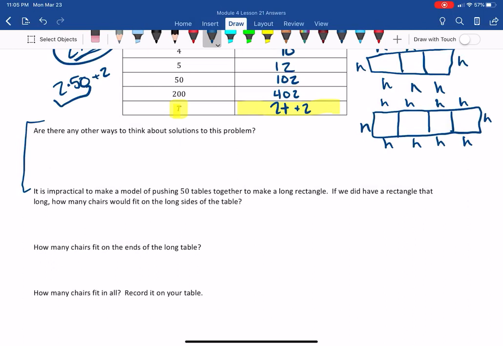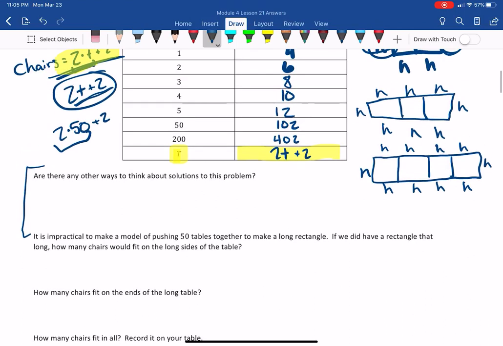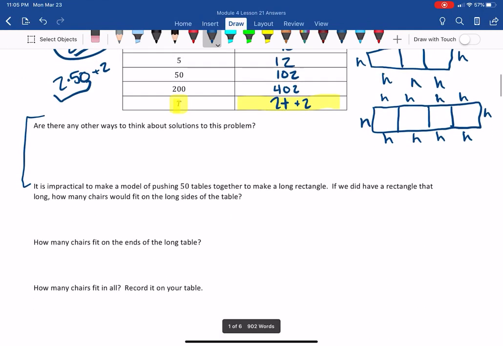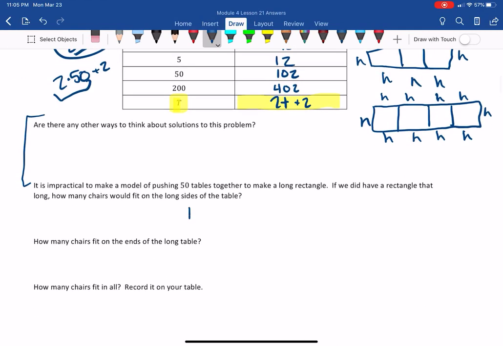So if it says if we have a rectangle that is that long, how many chairs would fit on the long sides of the table? So the long sides, if I have that, okay, just the long sides, there would be 100 chairs. Because 50 on each side, 1 person on each side of the table, and 50 tables, I would have 100 people.